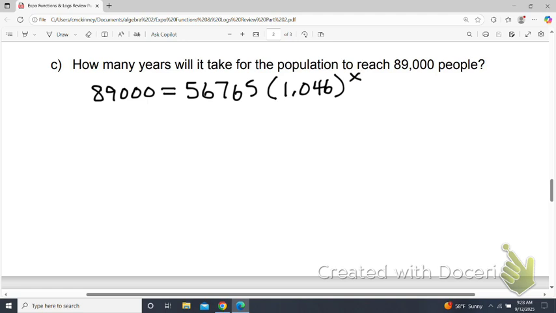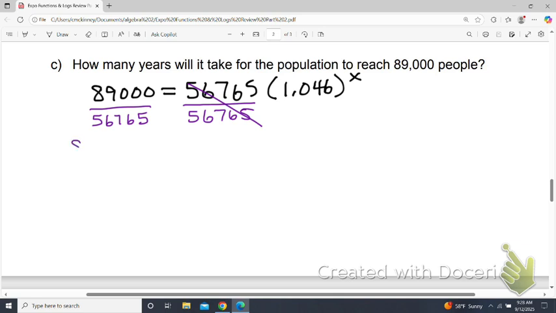And the x is in the exponent because we're looking for the number of years. We don't know that. We want to isolate that base and its exponent, so we're going to divide both sides by 56,765. You could reduce it some, I know a 5 would go into it, but rather than taking the chance that I'm going to make some mistake in reducing that, I'm just going to leave it with all of that.